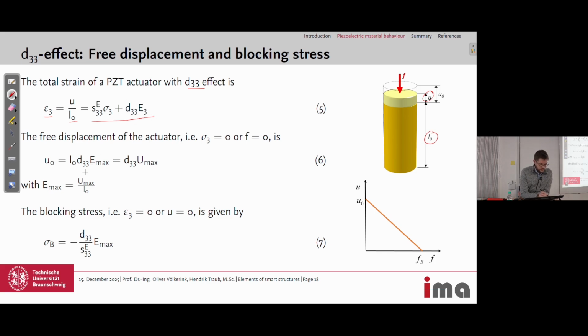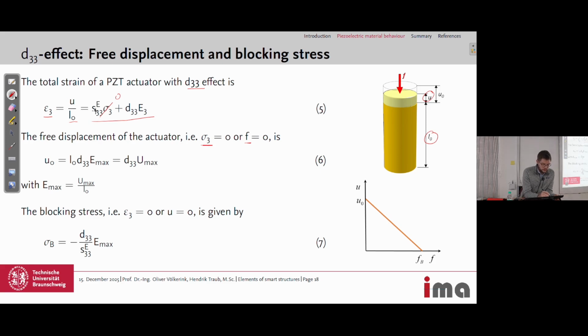And if we want to look at the free displacement of the actuator, then we don't have an external stress pushing the actuator back. So also no external force, of course. And then we can use this equation 5, and the external stress is 0.